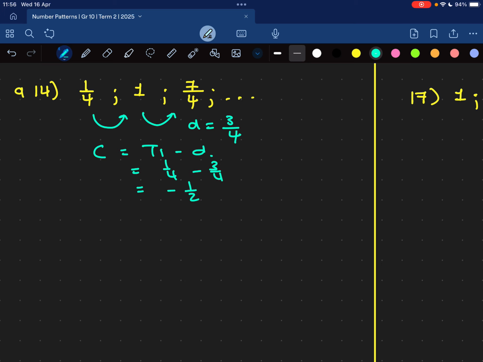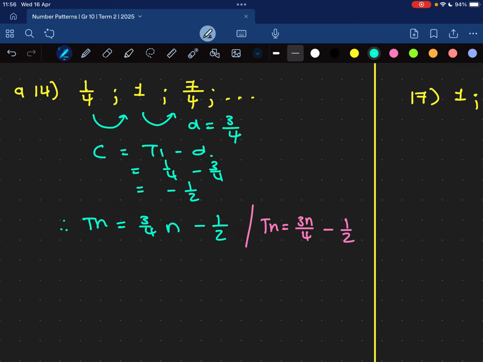Okay, so your final answer then for Tn is going to be 3 over 4n minus 1 over 2. You can also say 3n over 4 is also fine, but this one on the left is the preferred way of doing it, just in this case.